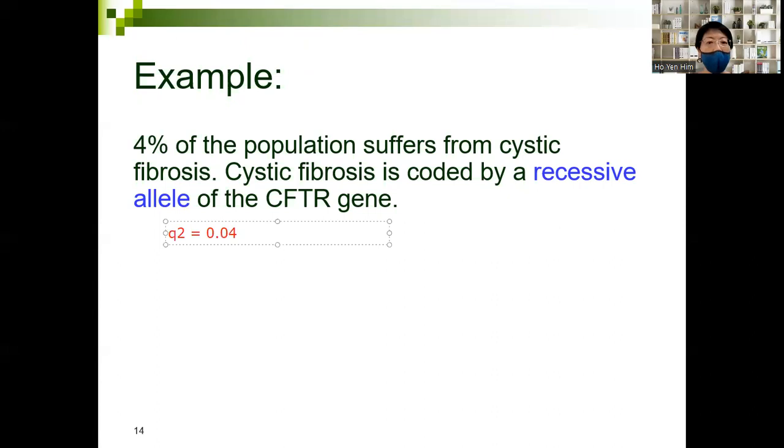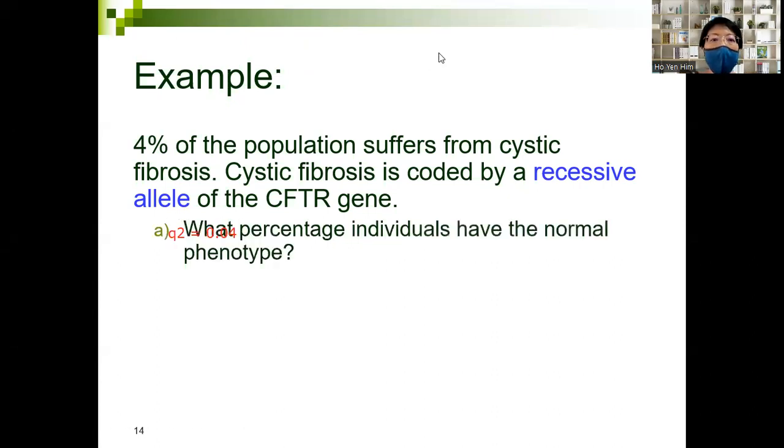Correct? Then you do the calculation. What do they ask you to do? The question asks: what percentage of individuals have the normal phenotype? Can you calculate now? Of course, very easy, right? The rest have no cystic fibrosis, which is 96%, so it's 0.96. Very straightforward. Write down your answer into your PowerPoint notes.